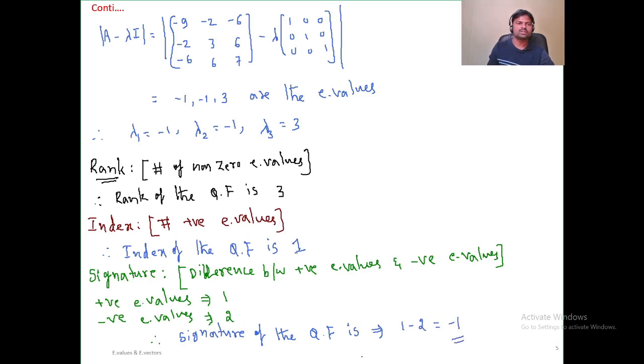Therefore the signature is minus 1. So this is about the rank, index and signature of the given quadratic form. The only thing is you need to compute the eigenvalues of the matrix associated with the quadratic form.